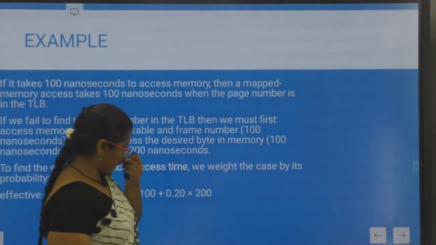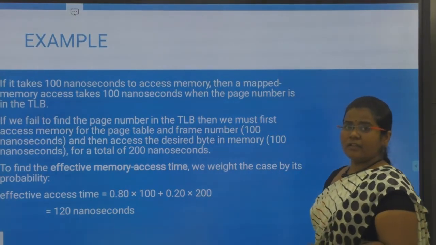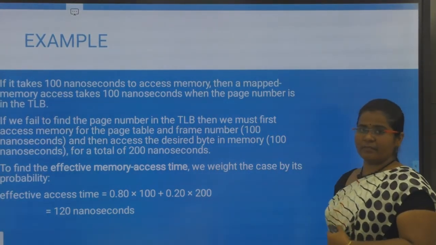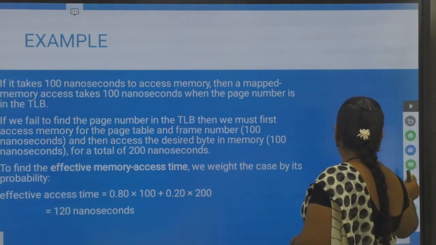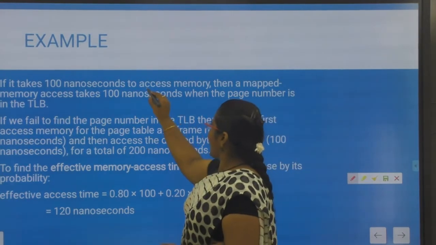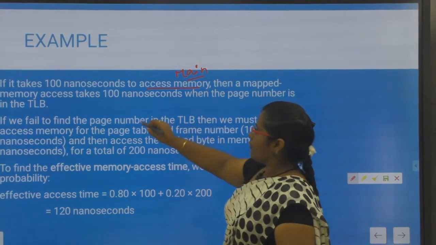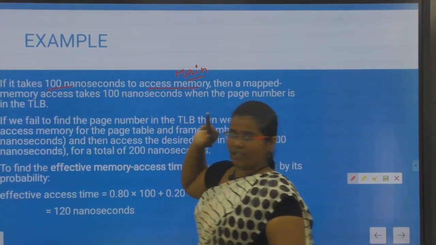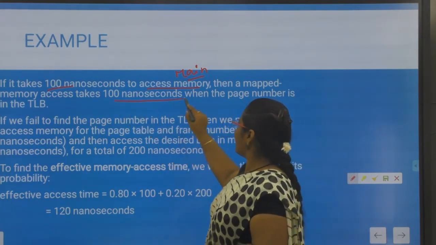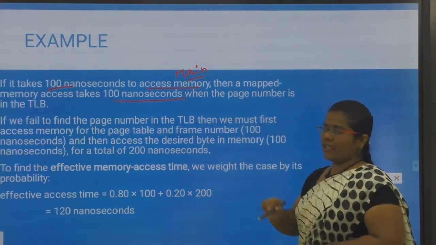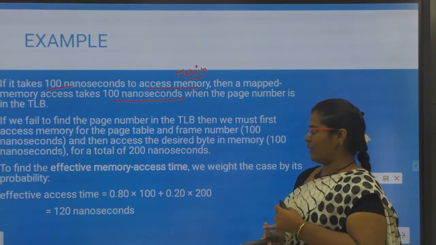Let us take an example of how you can access your data from the TLB and then the page tables. Say accessing your main memory takes 100 nanoseconds, and a mapped memory access takes 100 nanoseconds when the page number is in the TLB. So totally you need 200 nanoseconds.